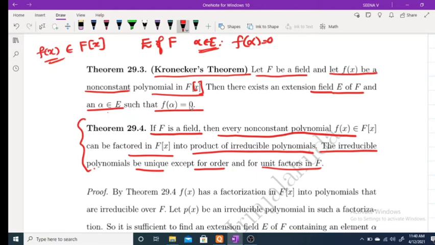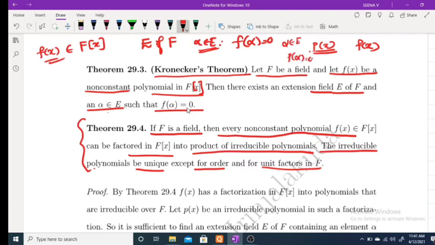In order to prove f(x) must have a root in E, it is enough to prove that if p(x) is an irreducible polynomial in the factorization of f(x), then there exists an alpha belonging to E such that p(alpha) equals 0.